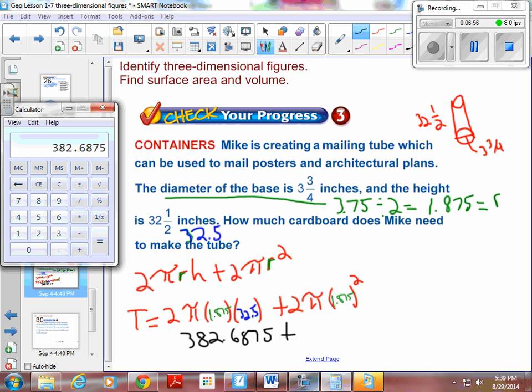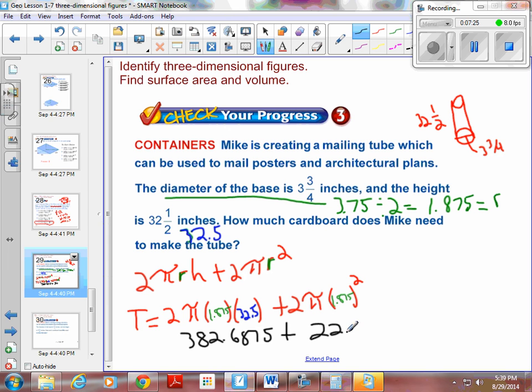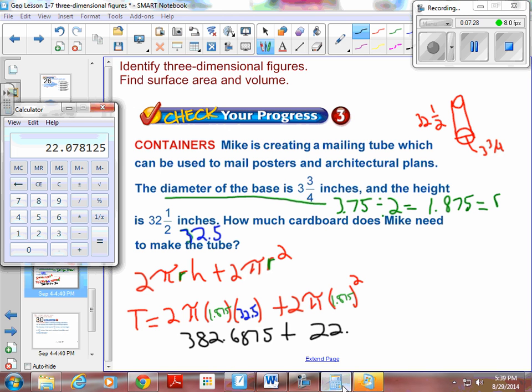Plus 2 times pi, 3.14 is the approximation we're using, and then we're going to do 1.875 squared, which means times that twice, 1.875 times 1.875. Okay, and we get 22.078.